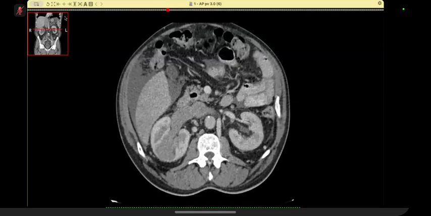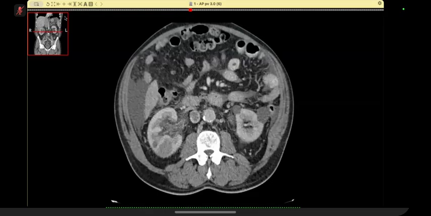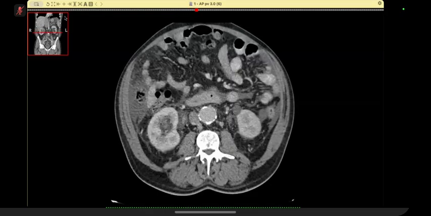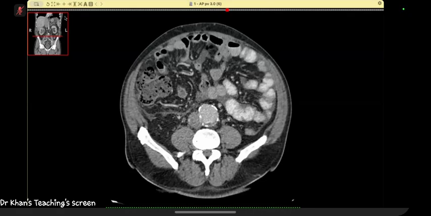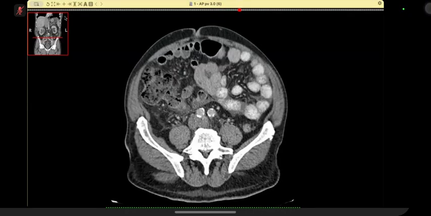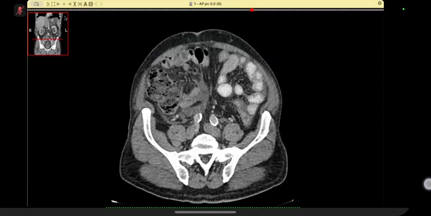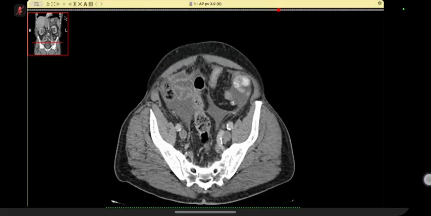So in these images, I can appreciate this significantly dilated IVC. And also, I could appreciate an abnormality in the right kidney in the mid and lower poles. However, I'll quickly scroll through the last image and then come to my point of interest.